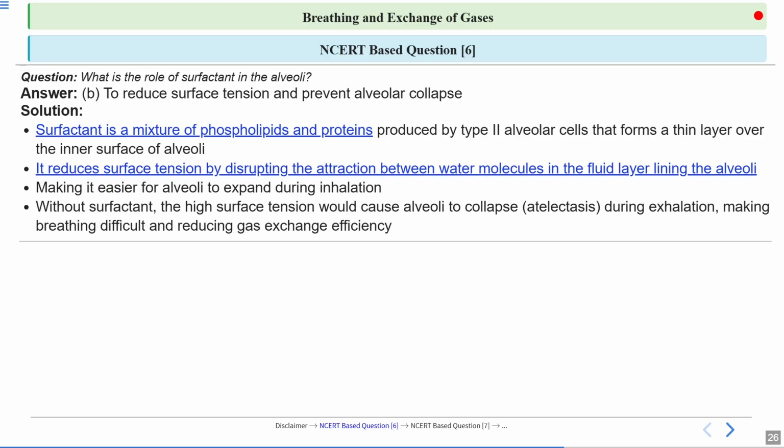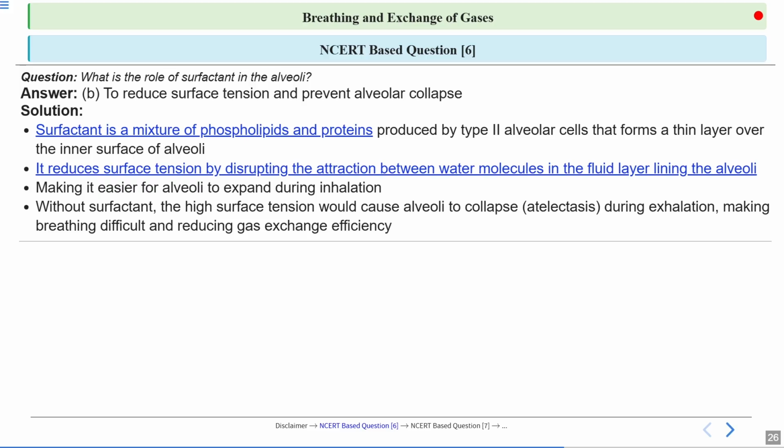Without surfactant, high surface tension would cause alveoli to collapse during exhalation, making breathing difficult and reducing gas exchange efficiency, right? So surfactants are there to reduce the surface tension, which helps in the process of inhalation, right?